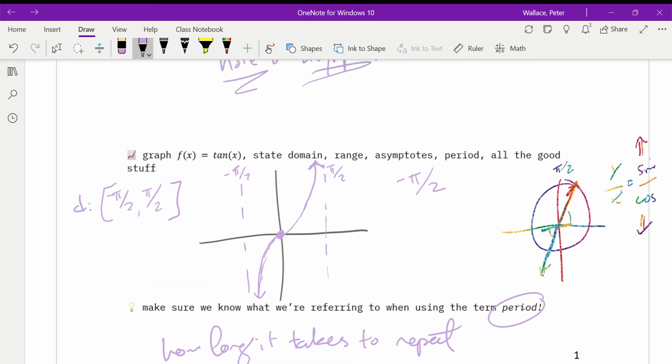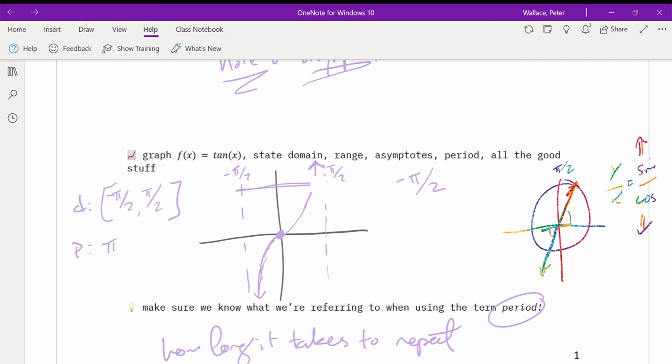So this is our domain. And our period we can extract from our domain, which is pi. The distance between these 2 points right here is pi, because we go pi over 2 on the right and pi over 2 on the left equals pi. We've got asymptotes at pi over 2 and negative pi over 2, and our range is negative infinity to infinity.